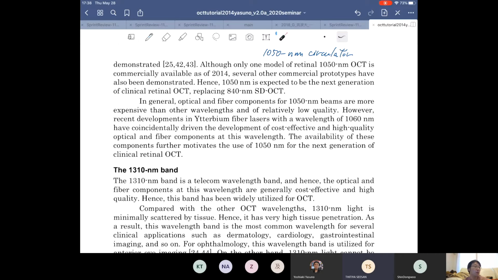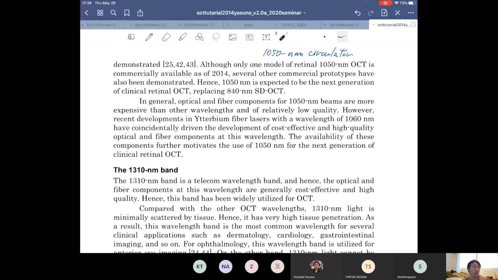But this situation changed because of the invention of the ytterbium fiber laser. Maybe around 10 or 15 years ago, there was a booming in telecom usage of the ytterbium fiber laser. And the ytterbium fiber laser had a center wavelength of 1060 nanometer, which is quite close to our interest.